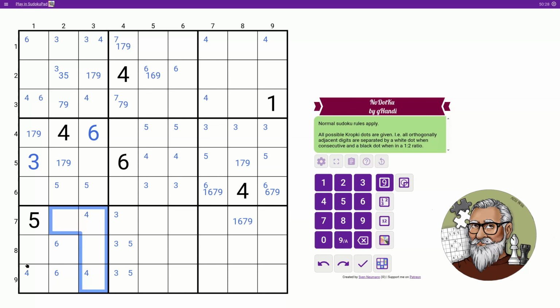If this is 3, then this would have to be 4. If this is 3, then this would have to be 4. If that's 3, then this would have to be 4. Yeah, but if this one is 3, then this breaks down, right? If this one is 3, then this becomes a 6, but this one can be 4. And this one can be 4, right?